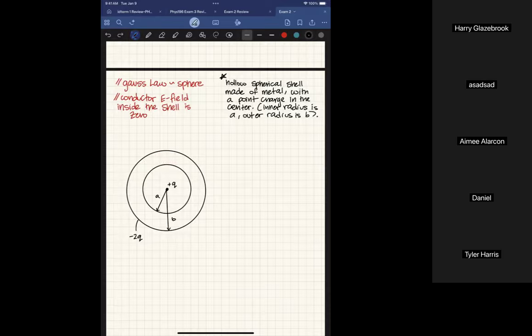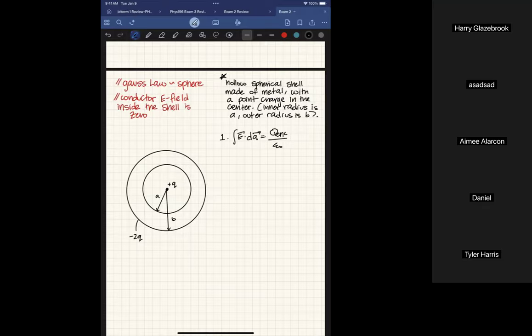So I'm going to bring up Gauss's law here. Step number 1, it's the integral of E dot dA equals charge enclosed over epsilon naught. First things first, you are never going to have to do an integral. The whole reason we use spheres, cylinders, stuff like that is because we want our electric field to be symmetric with our Gaussian objects.